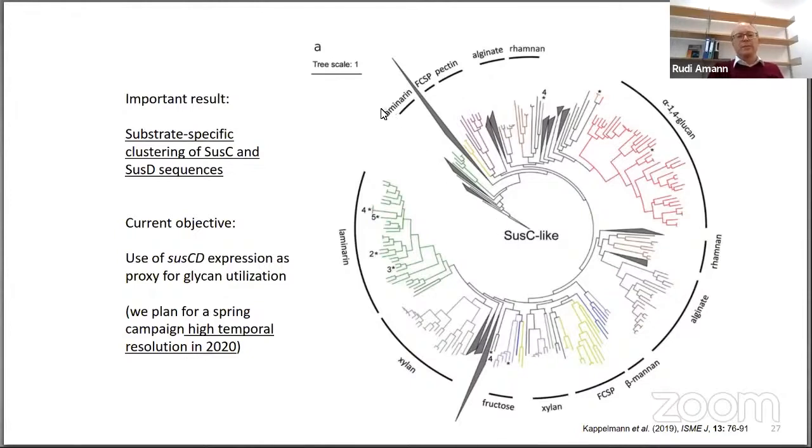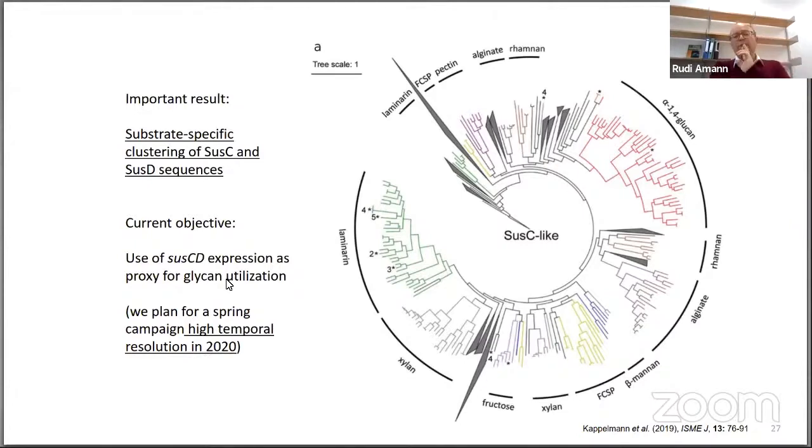So there's a substrate-specific clustering, both of the SusC and the SusD, which indicated that a proteomic assessment of transporters might be a good proxy for glycan utilization.